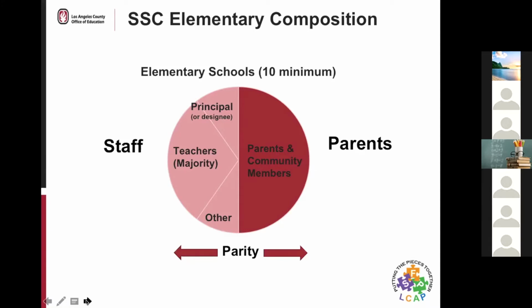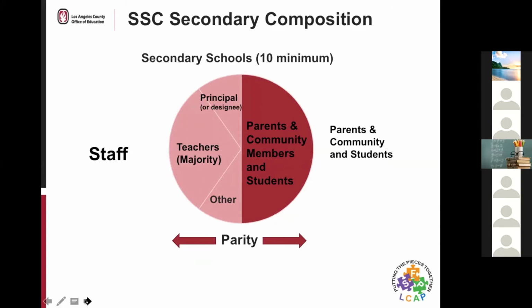And again, per education code, the number of parents and/or community members selected must equal the number of school staff members selected. So this means that the minimum number of school site council members at an elementary school is 10. And so again, that would include 1 principal or his or her designee, 1 other school personnel, 3 classroom teachers, and 5 parent and/or community members.